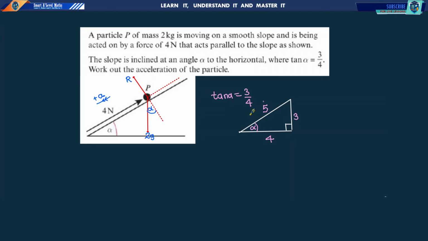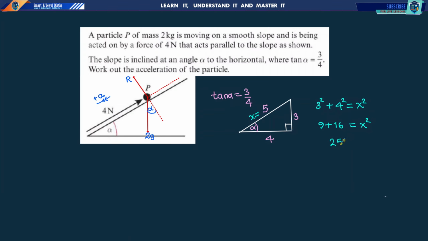In case you don't know how this 5 comes about, then you can simply let this side be any letter, say x. Then using Pythagoras theorem, you say 3 square plus 4 square equals x square. So this is 9 plus 16 equals x square.